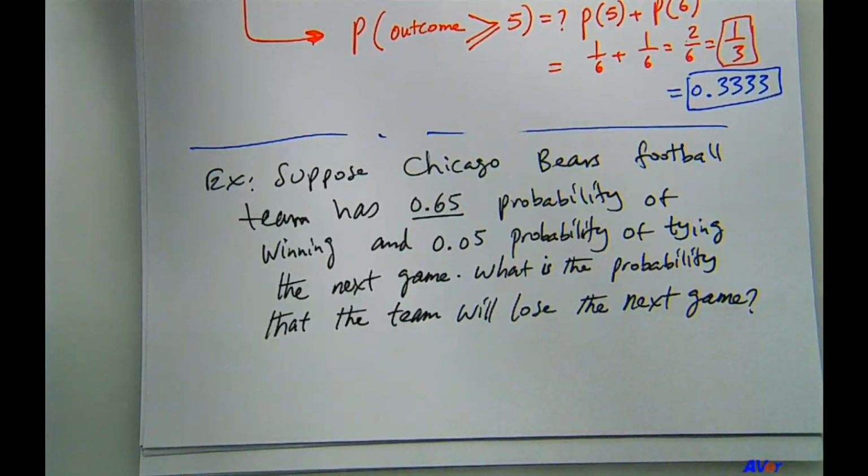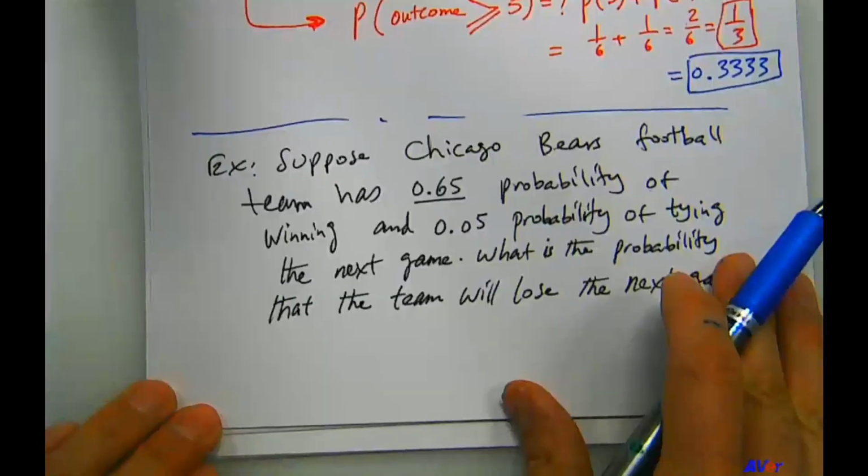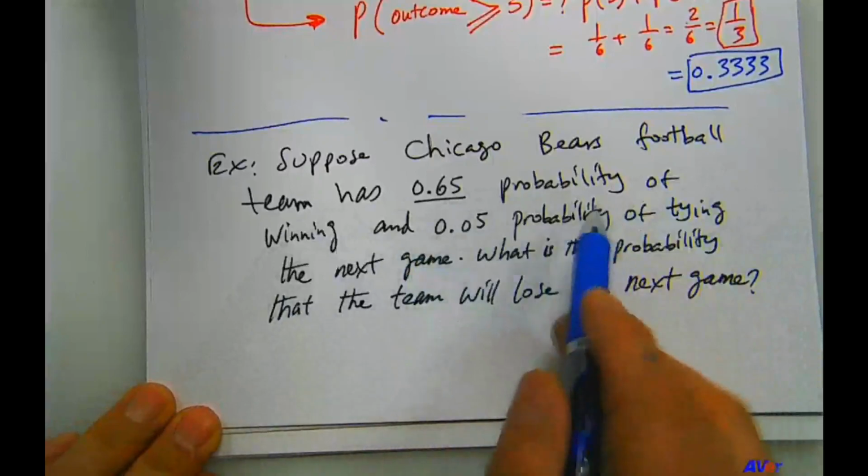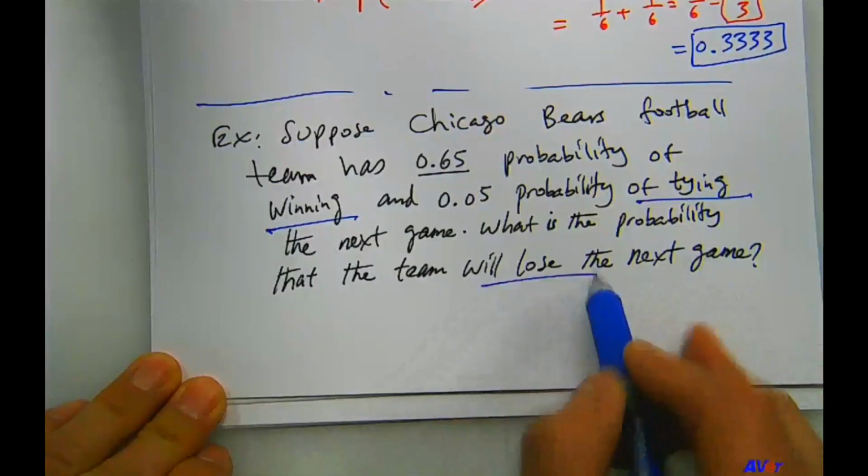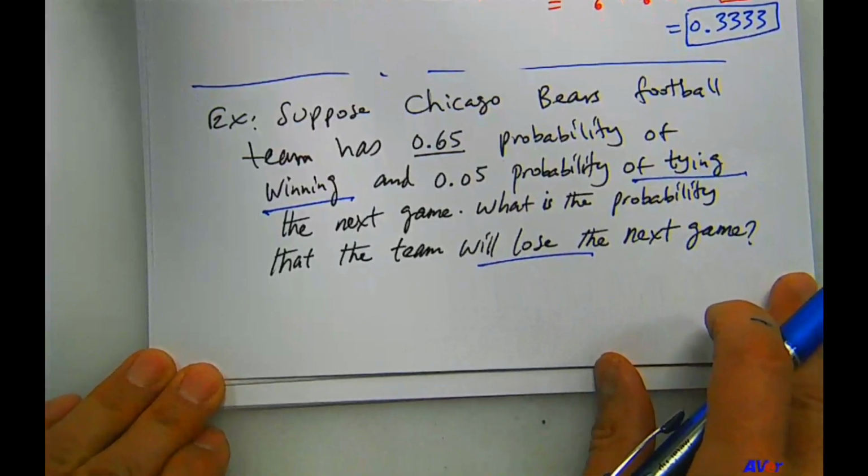Okay, so here this is a demonstration of the sample space again and what it has to do with the complement of events. So suppose Chicago Bears football team has this much probability of winning, tying, and then at the end they ask us about the probability of losing the game.